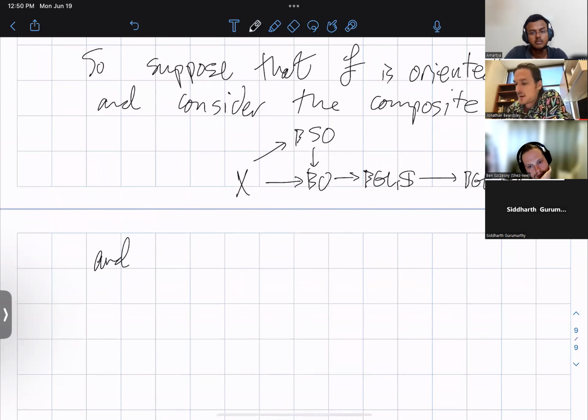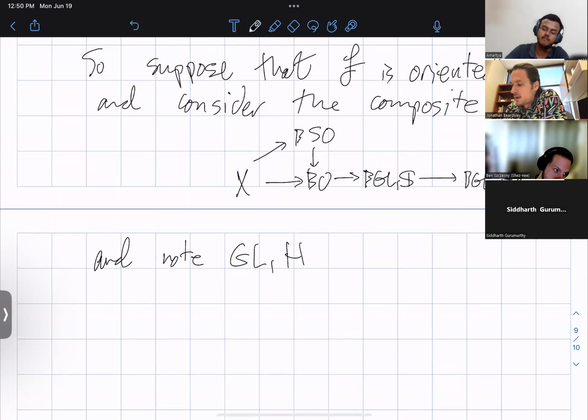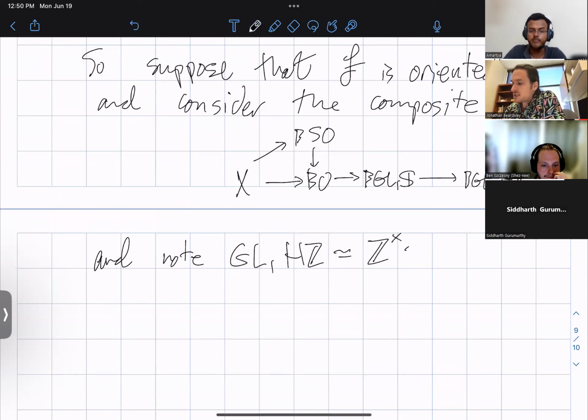And note that GL1 of HZ is equivalent to just Z cross with the discrete topology, which of course is Z mod 2.